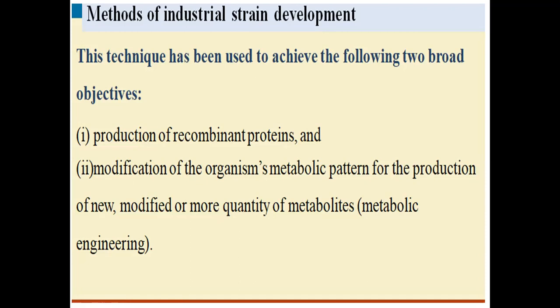They result in random mutations. But using recombinant DNA technology, using restriction enzymes, you can targetedly remove some sequences from the bacteria or introduce some sequences in the bacteria for different purposes, right?